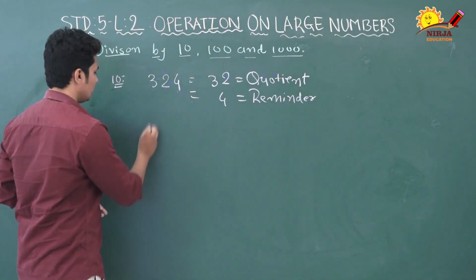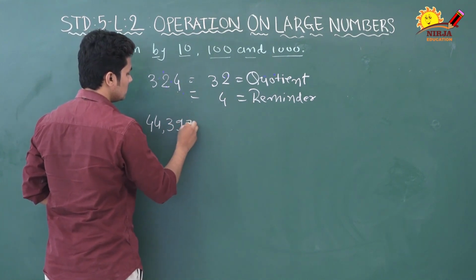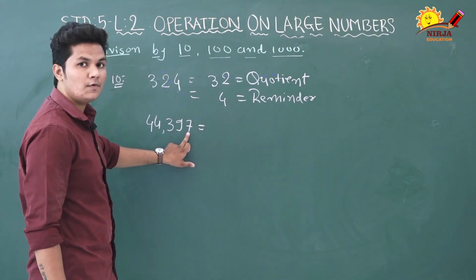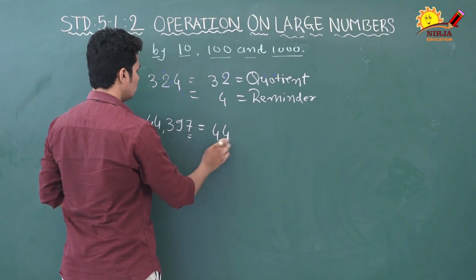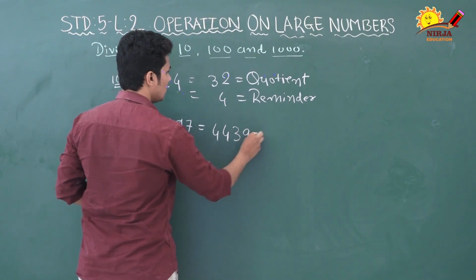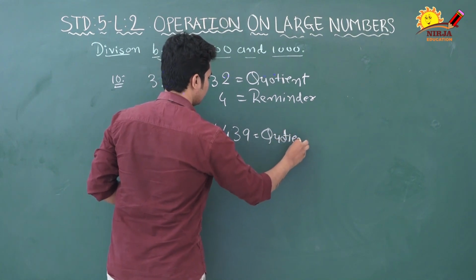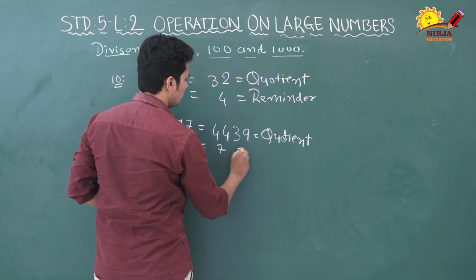Okay, 44,397. So, we will write this number without the ones digit. The ones digit is 7, that we will not write. So, 4,439 is our quotient and digit 7 is the remainder.